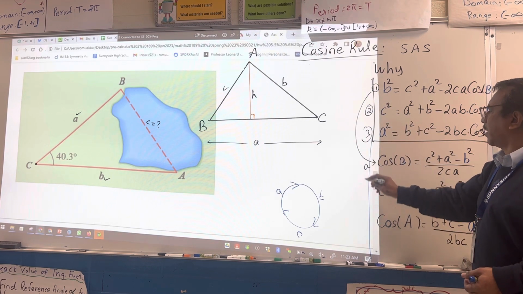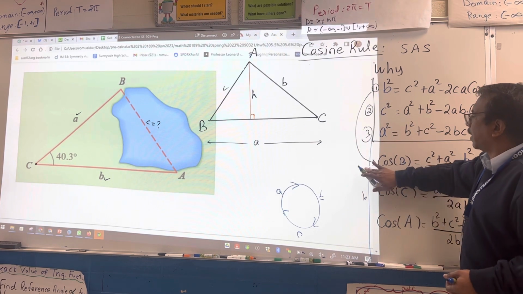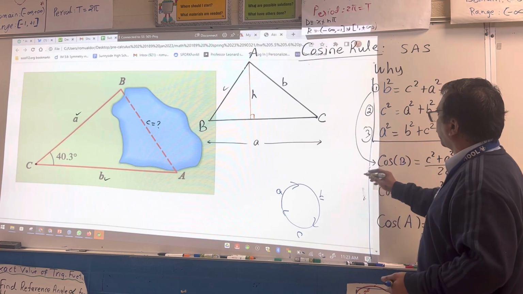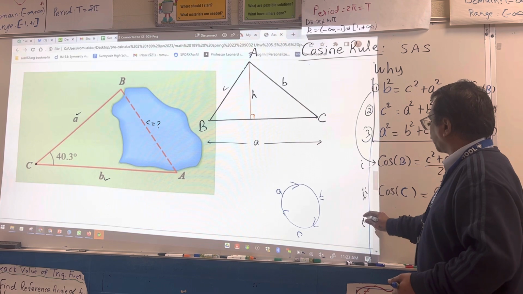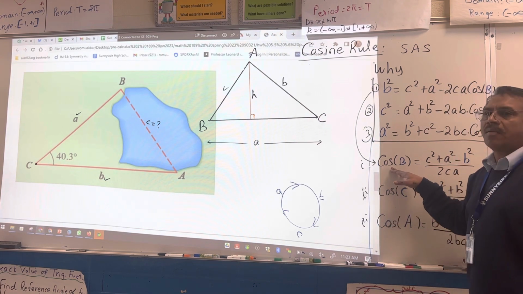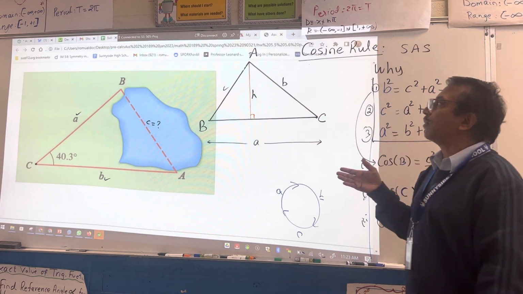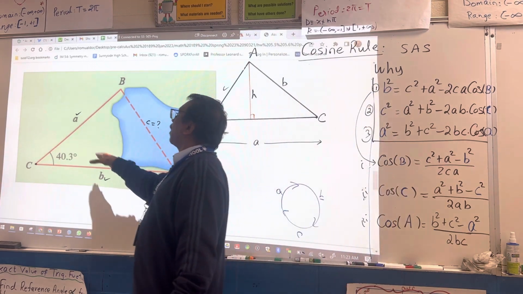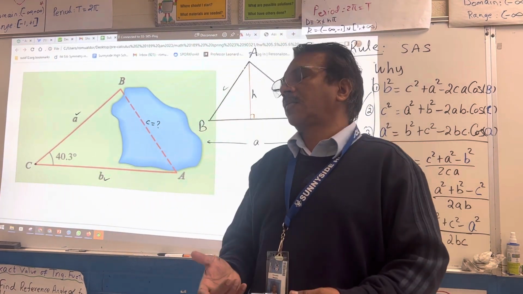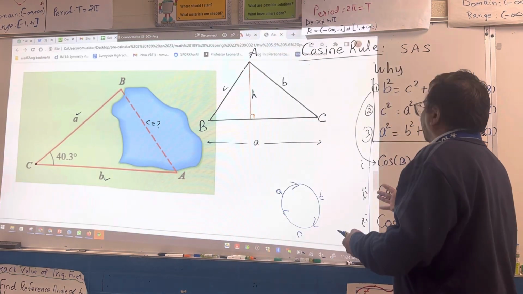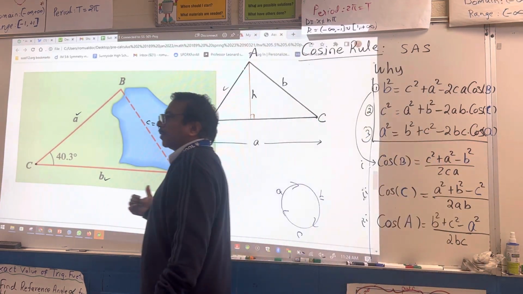I won't call it A because I'm using ABC, so call it 1, 2. Sometimes they give you all 3 sides. How do you find the angle? Just the opposite. So let's check why.